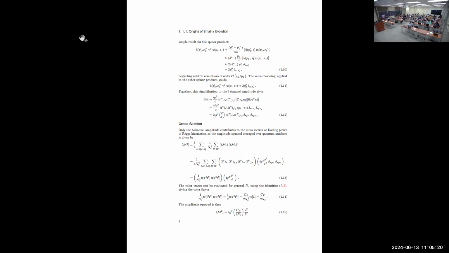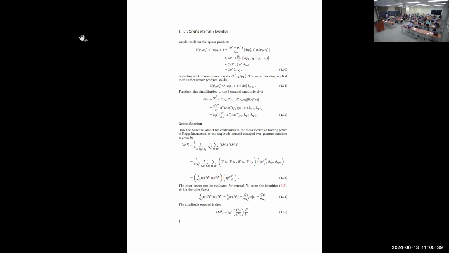For me, I'm going to put 1 over N_C squared because I have N_C number of colors for p1, N_C number of colors for p2. And then I have to sum over all of these things. And now I have the square of this. My color factor is T^a_{i'i}, T^a_{j'j}.